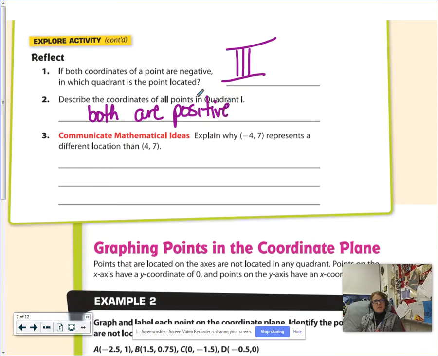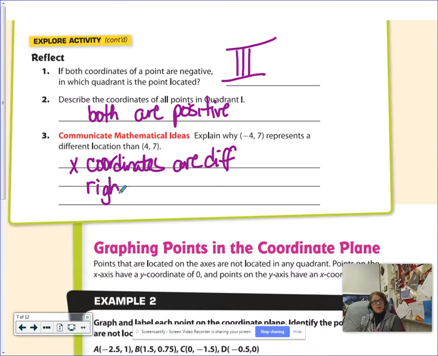Why is the point (-4, 7) a different location than (4, 7)? Okay, well, the x coordinates are different. Specifically, one's negative, one's positive, which means one point is going to be to the right.